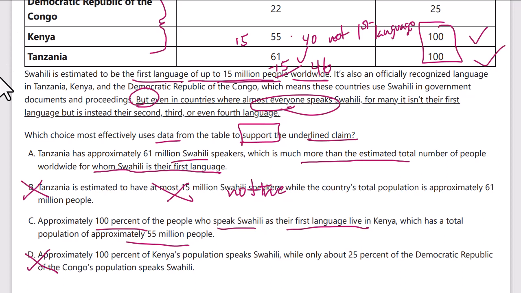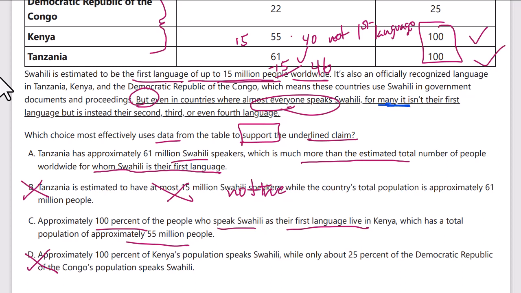A: Tanzania, one of our possibilities, has approximately 61 million Swahili speakers, which is much more than the estimated total number of people worldwide for whom Swahili is their first language. Because that's more than the worldwide total, many of them at least, since it doesn't say most, it says many, must not be first language speakers.